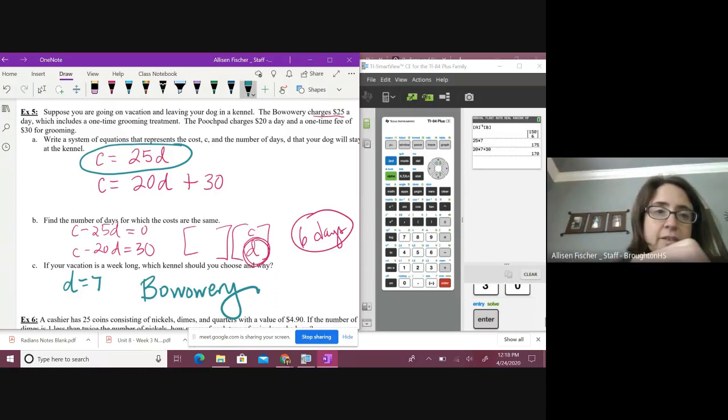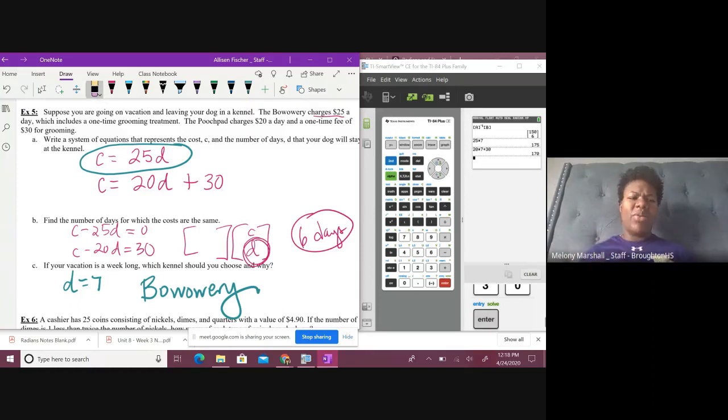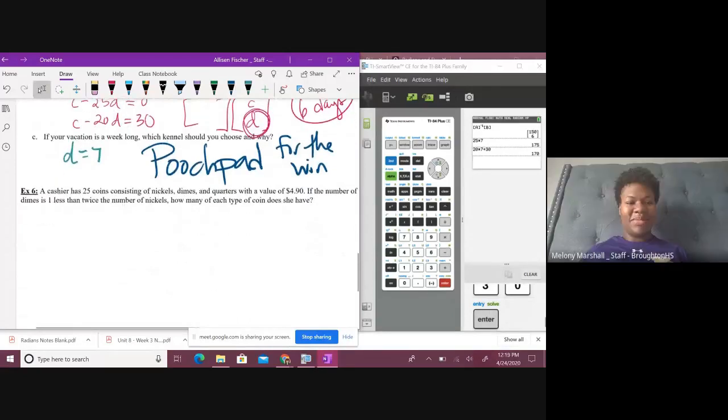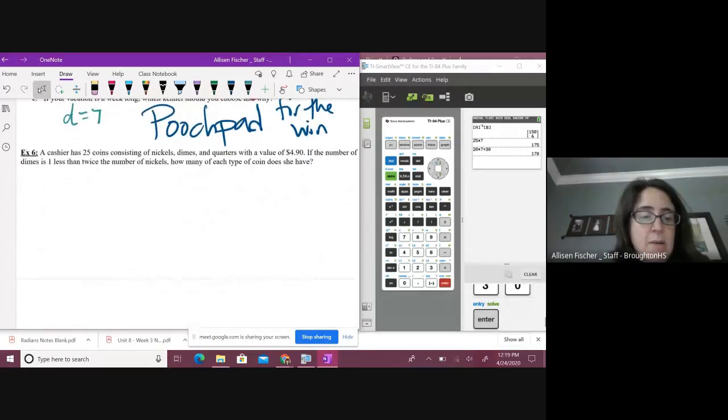Okay, not Bow wow wow, yippee yo, yippee yay. Pooch Pad. I had a good feeling about Pooch Pad at the get-go. It was cheaper a day. That's what I'm saying too. I agree. Oh, it's a good thing we're working together. Amazing. Pooch Pad for the win. Got it. Okay, good. All right.